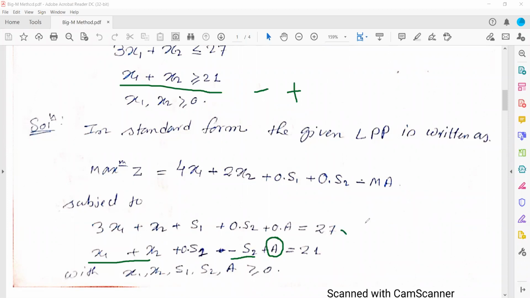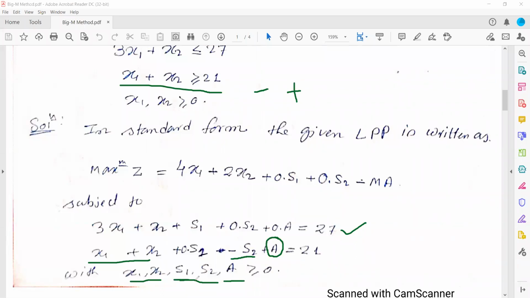Similarly, A is not in the first equation, so we introduce A with coefficient 0. What are the variables here? x1, x2, s1, s2 and A, so a total of 5 variables.